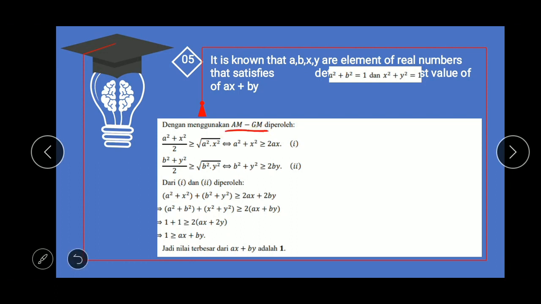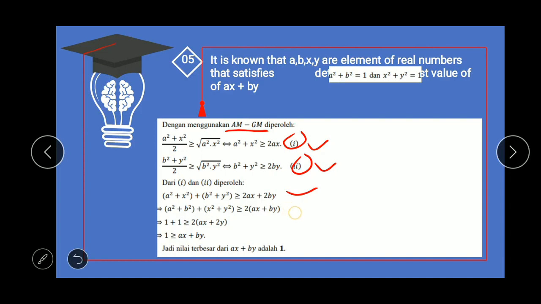By using AM-GM we can obtain this equation and this equation, and then we find the first and the second equation, and we can write from this and this like this.